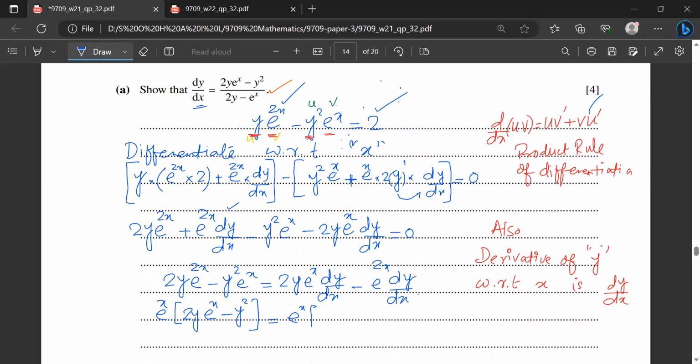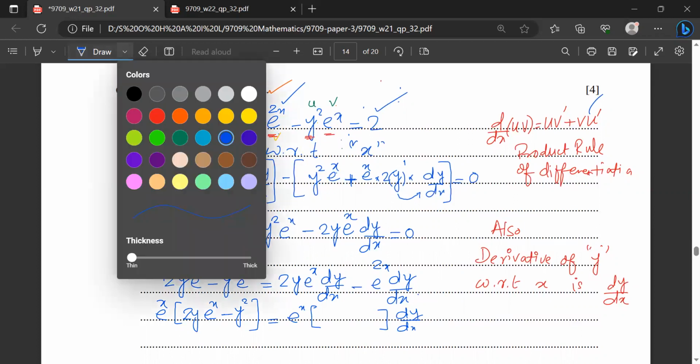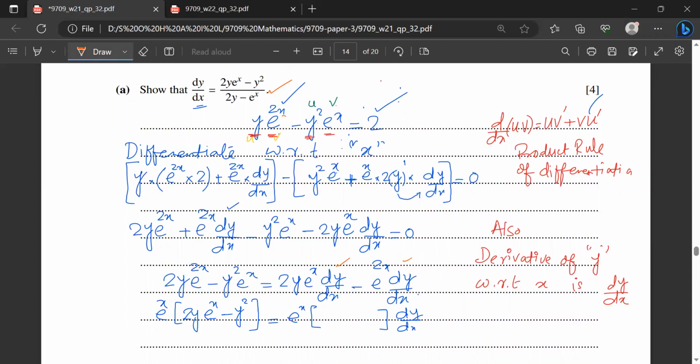So we write dy by dx outside the bracket, and e power x is also common, so what is left inside? It is 2y minus e raised to the power x.